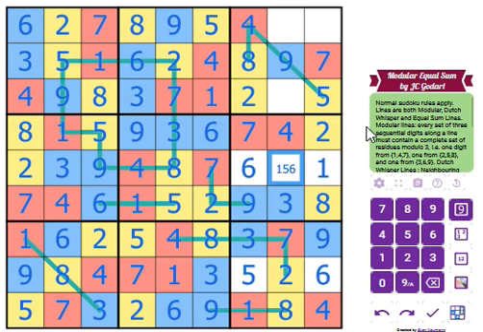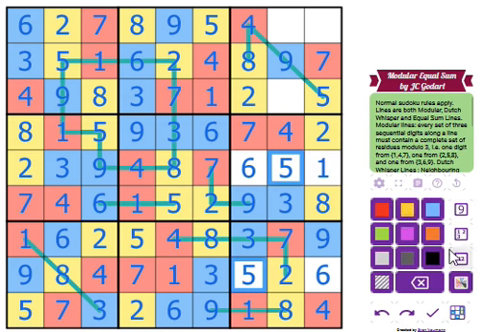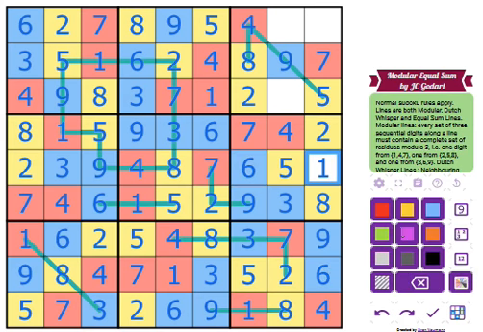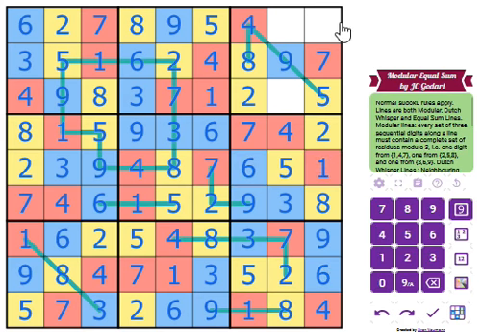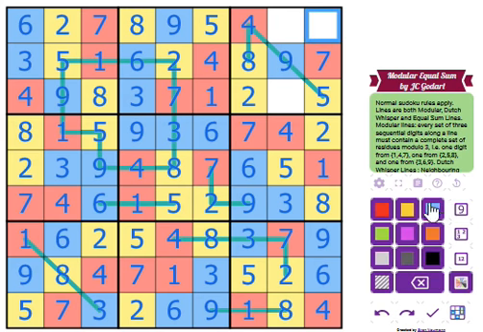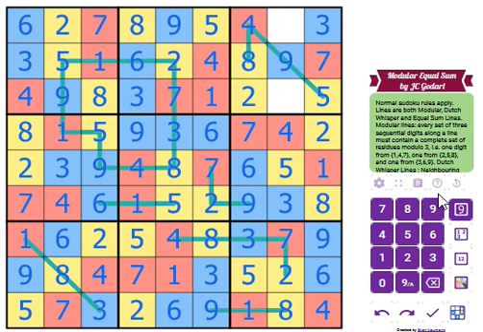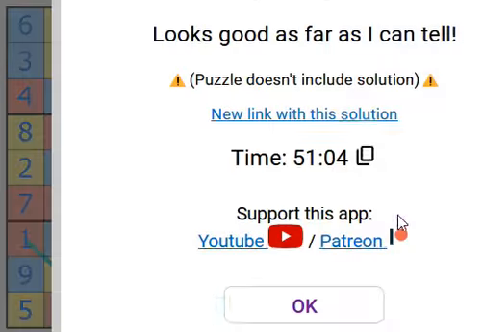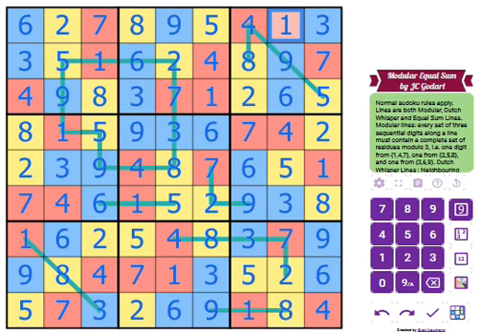And 1, 5. And this is a 3. 6 goes here. And the last one is a 1. So that's it.